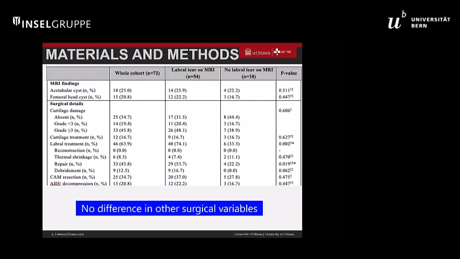In terms of other MRI findings, femoral head cysts, and cartilage damage at the time of surgery, you can see that the only real difference was the aspect of treatment between the two groups, where the patients that had a labral tear on MRI were more likely to have treatment at the time of the scope, which I think makes some sense. But there were no other differences in surgical variables.